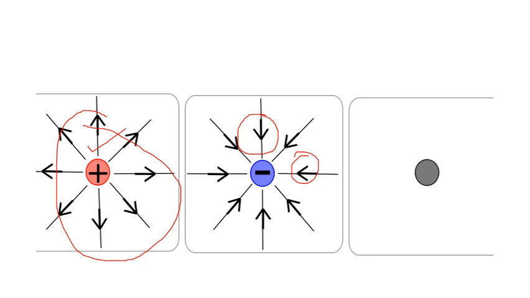So in this way we can identify positive and negative sources. What about the third? There is no inward or outward, so it is not a charge. Neutral. No charge. No positive, no negative.